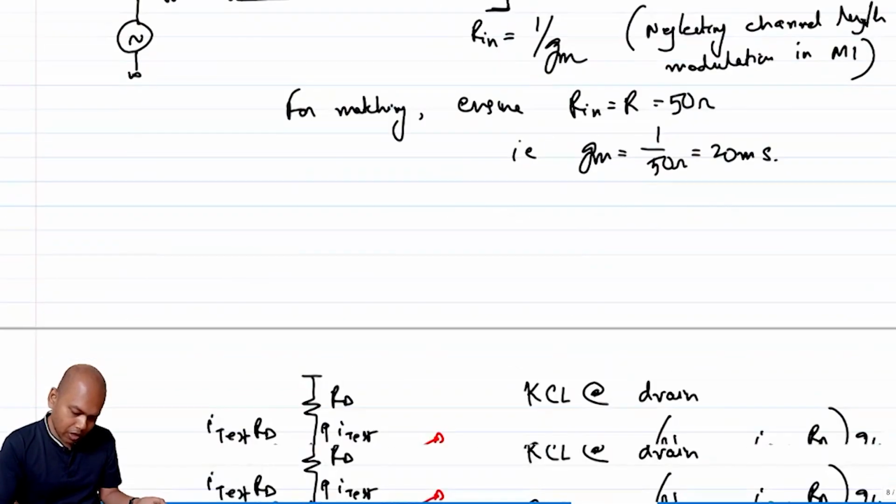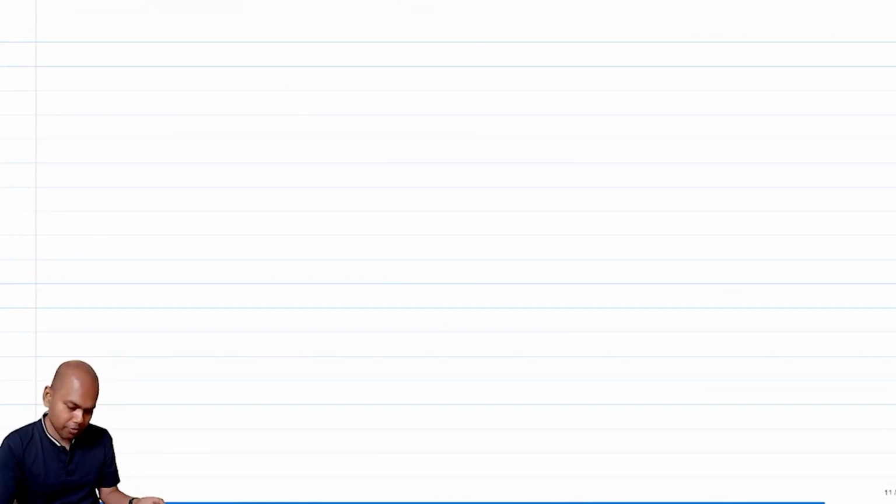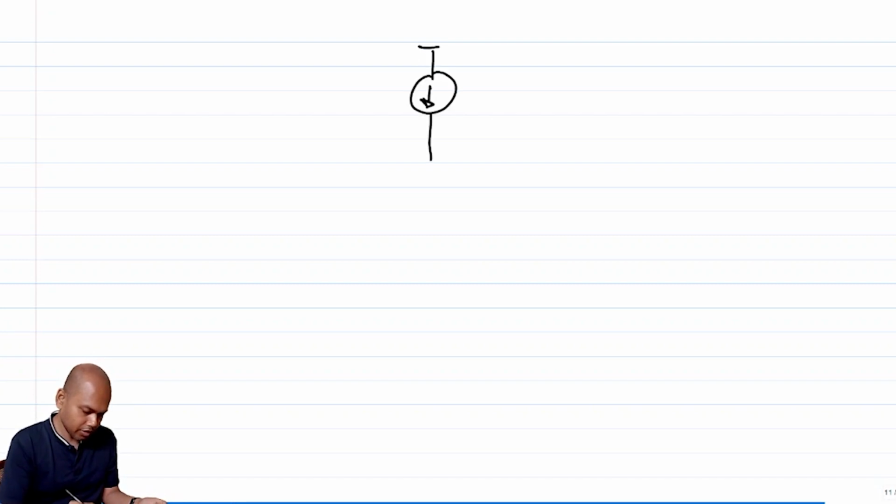So, what other ways can you have a transistor where you can get 1 over Gm? One of the most popular and used configurations is that of a diode connected transistor, right? So, let's say I have a diode connected transistor.